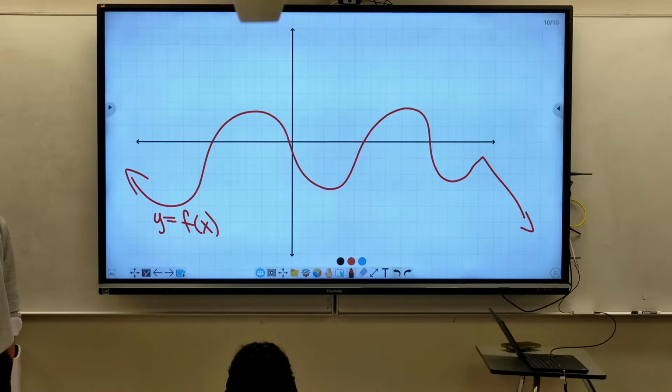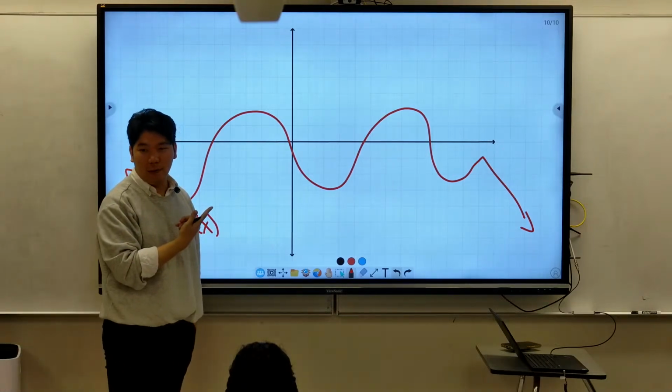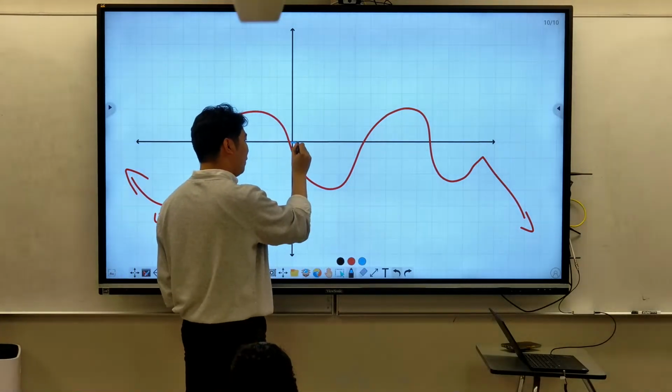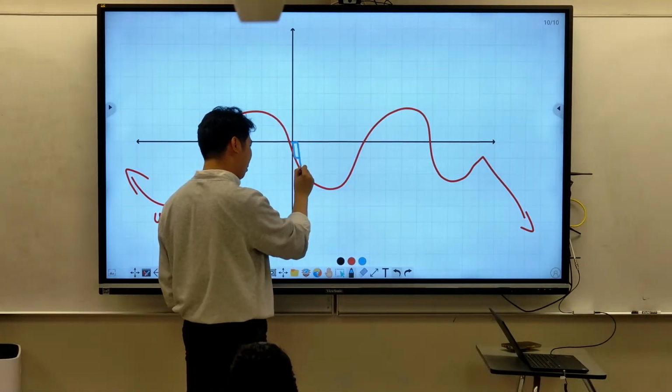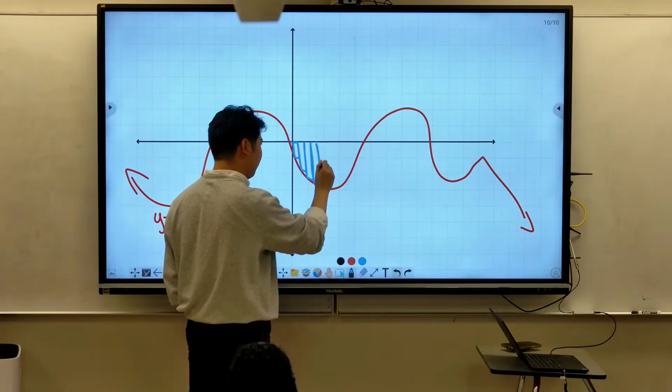Well, this is where we actually have to go back to that idea that I showed you at the beginning. We can get an estimate of this area if we wanted to. We're not going to actually do it. Again, if I wanted to, I can get a bunch of rectangles, and it would give me some good idea of this.